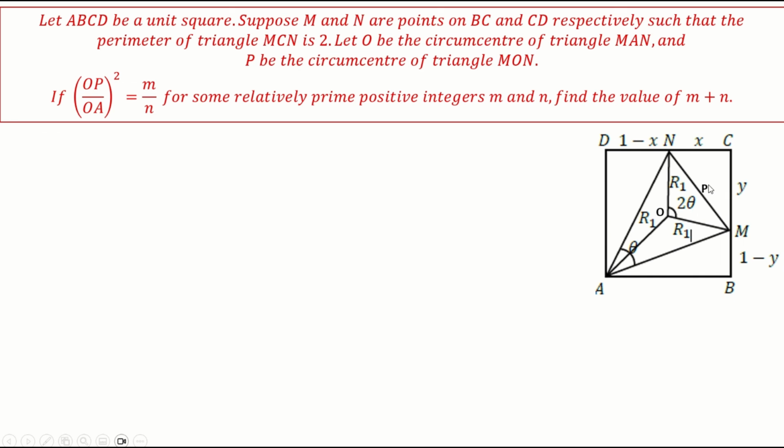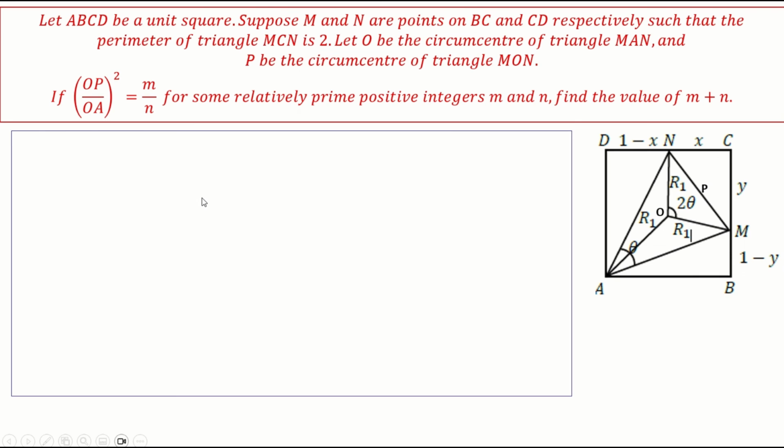OP is this length, OA is this length. So let's see how to do this. OA equal to the circumradius of triangle AMN, which is nothing but MN divided by 2 sine theta, because this is theta, right? Which is equal to R1.